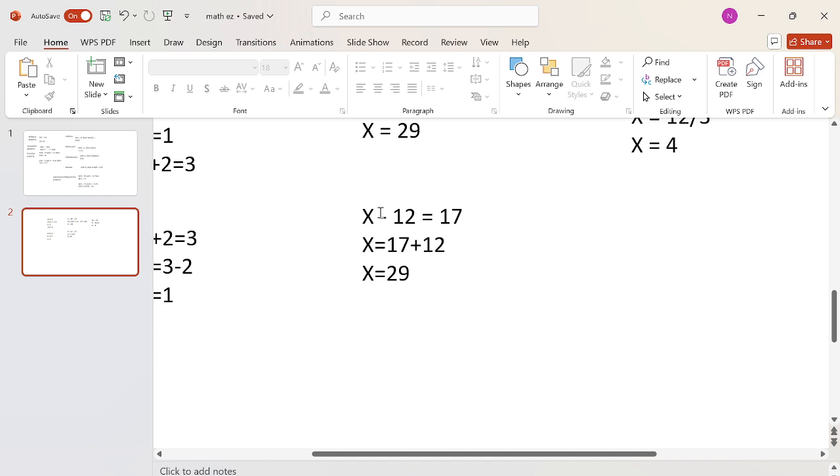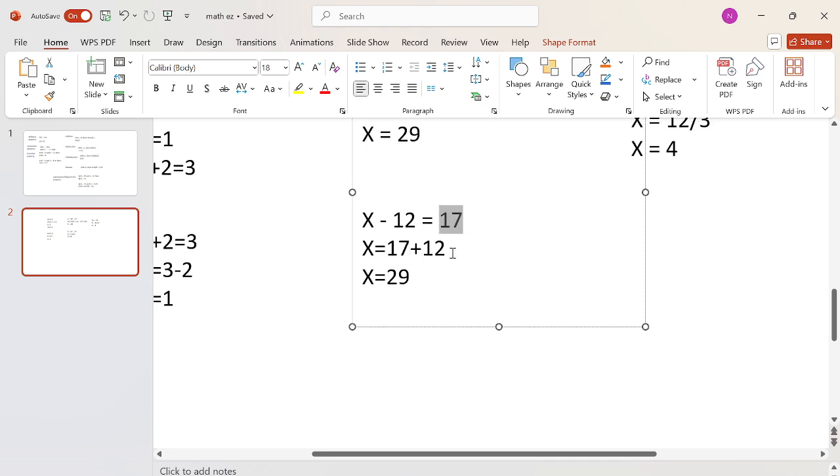So to find the value of x, we have to add 12 to the other side. So x equals 17 plus 12. And what is 17 plus 12? 29. So x equals 29.